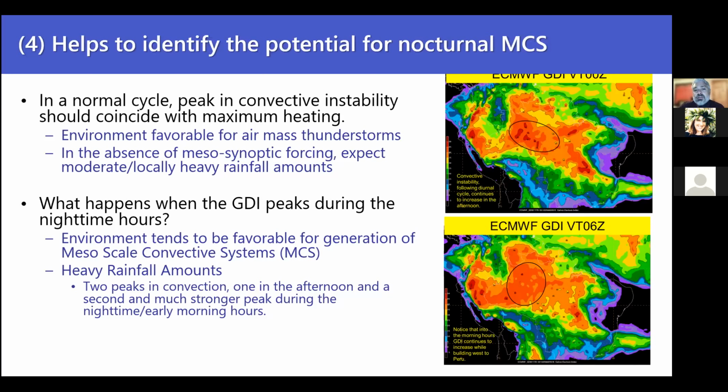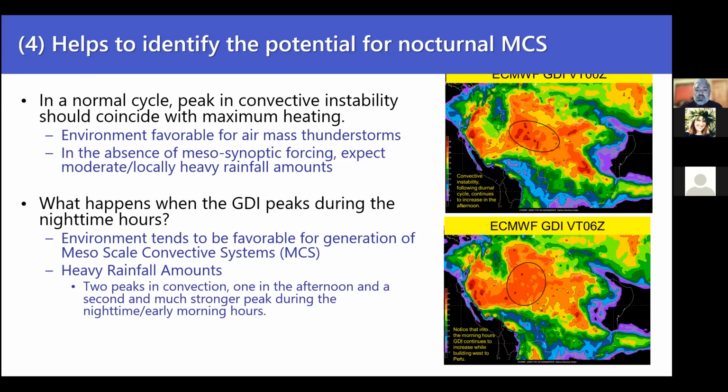And then something else is what I mentioned, continental convection, and also MCS formation, especially if you have nocturnal MCS. Whenever you see the GDI increasing suddenly overnight, especially during a period where you don't expect convection to increase, there's usually a signature that you may get some strong convection and potentially an MCS, depending on your synoptic situation.